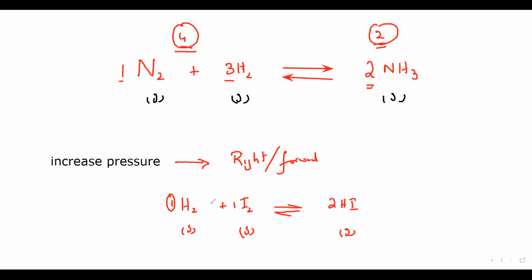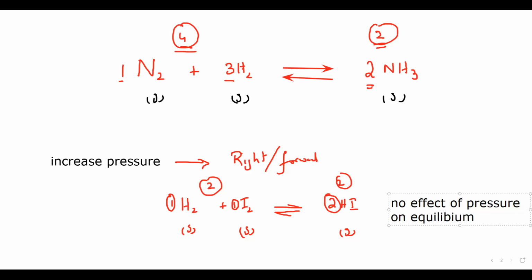To check the number of particles, you check the number of molecules, or mole number. So this is one, here also one, so there are two. When we check 2HI, there are also two. So when we have the same number of particles, what happens? Even if we increase the pressure or decrease the pressure, there is no effect of pressure on equilibrium.